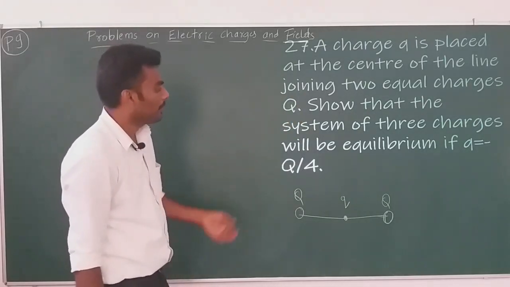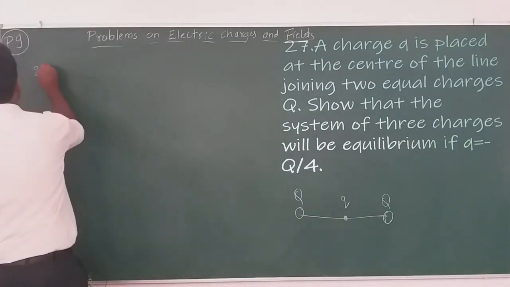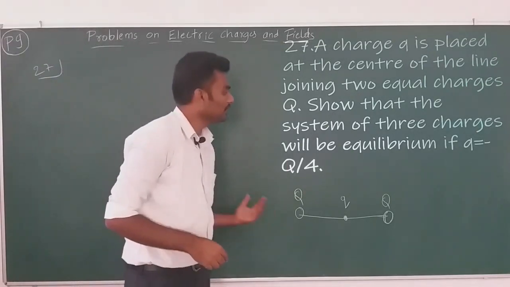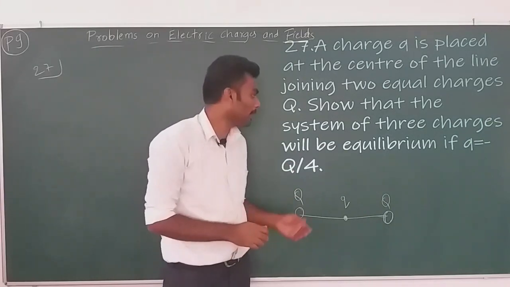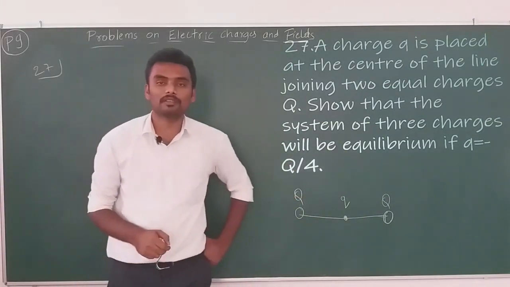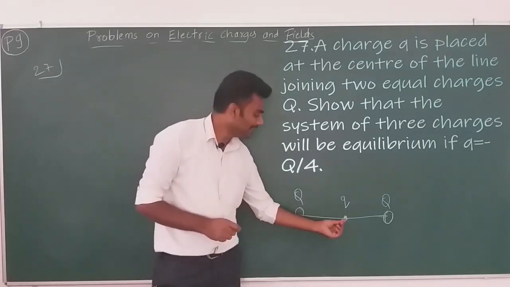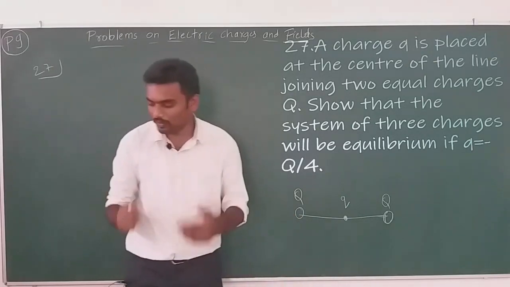Now, what do we need to show? We need to show that this system of three charges will be in equilibrium if small q is equal to minus Q by 4. Before that, what is equilibrium?